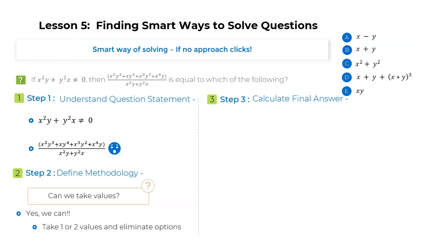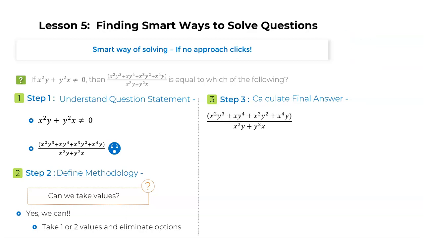What I can do is I can take, say, value x as 1, y as 1, or x as 1, y as 2, and see what value I'm getting for this full expression. And I will place whatever answer that I get. Once I place that value here of x and y, I should get the same answer in one of the options also. Now, if this sounds complicated, let me just show it to you.